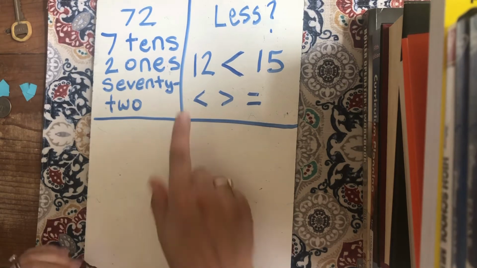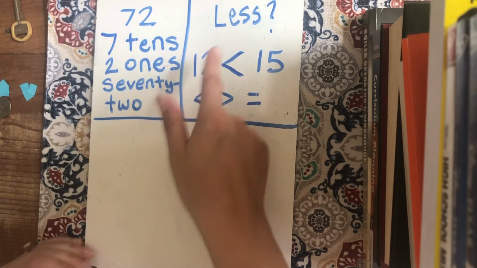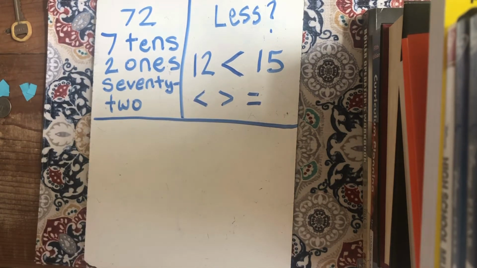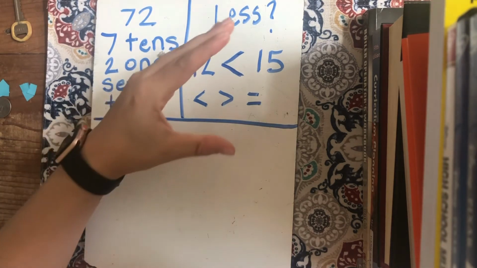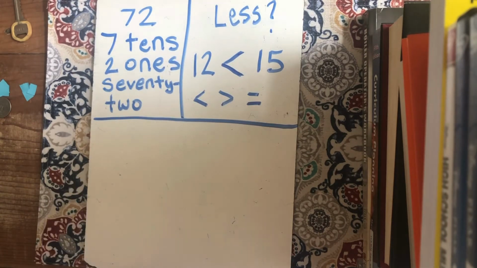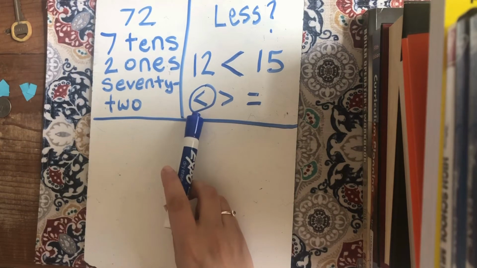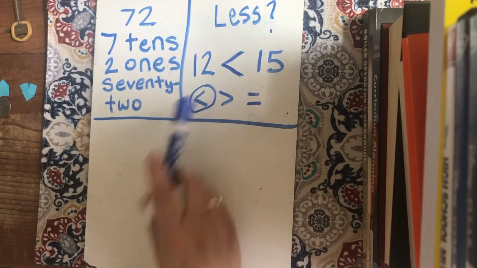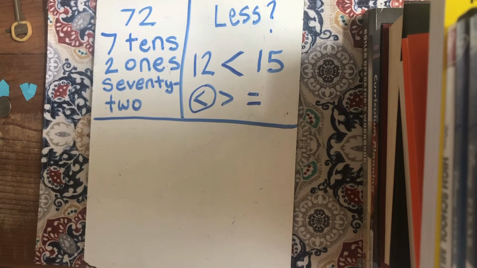So that means 12 has less. That's the answer to our question. 12 has less. 12 is less than 15. Our alligator chomper is facing towards that 15 because 15 has more. And I went ahead and circled that less than so you can see that that's the one we chose if we had our multiple choice.